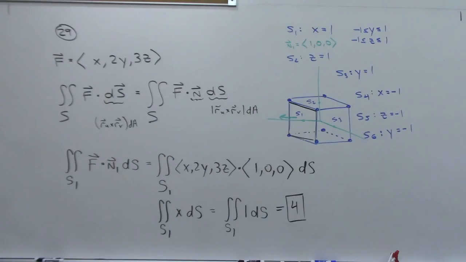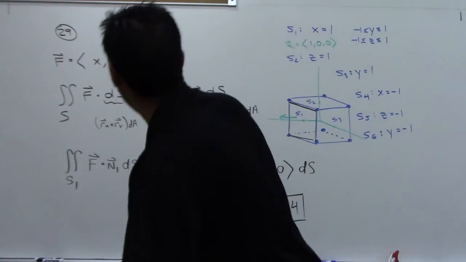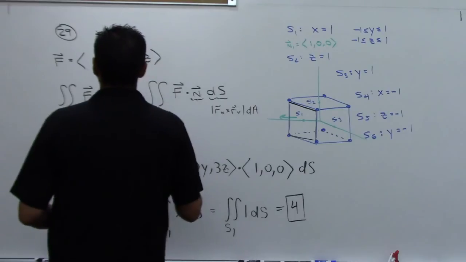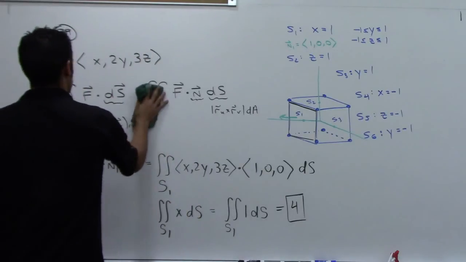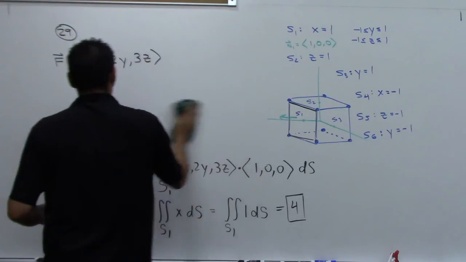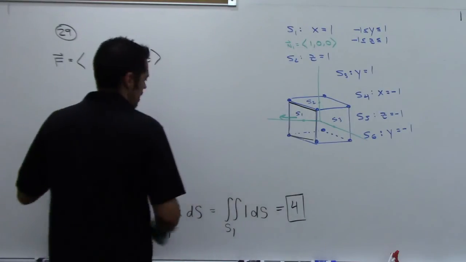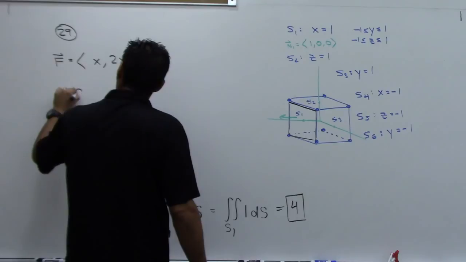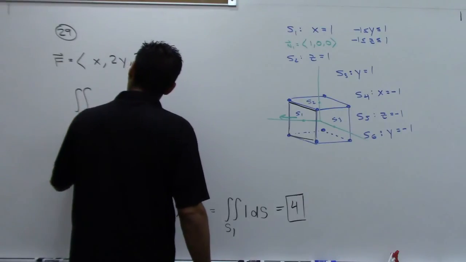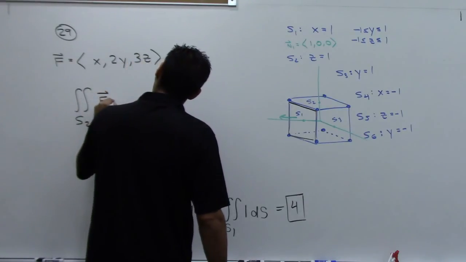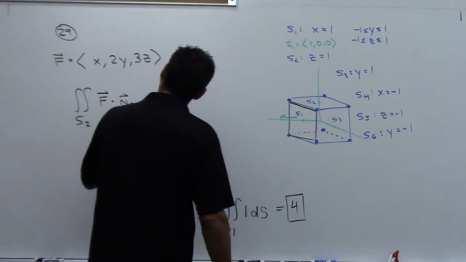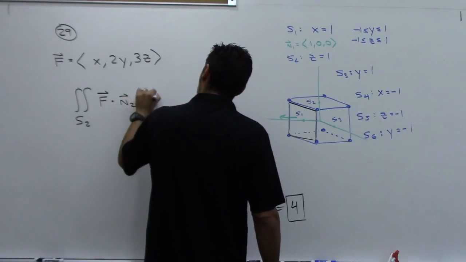Okay, that's just one of them. Let's try and do S2. So for S2, I think what I'll do is I'll erase this one. By the way, we're going to add up all these answers. So the flux over S2, F dot the normal over S2 dS.